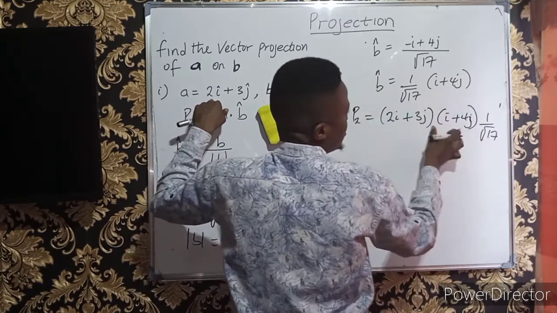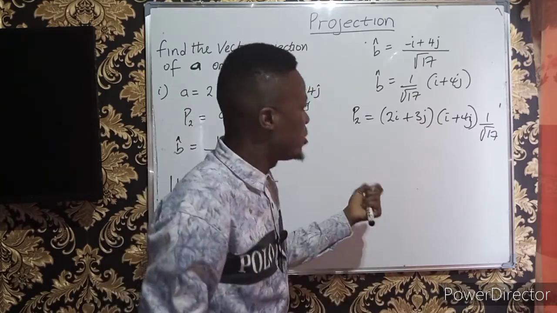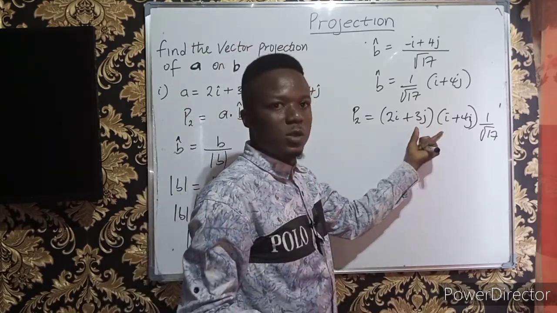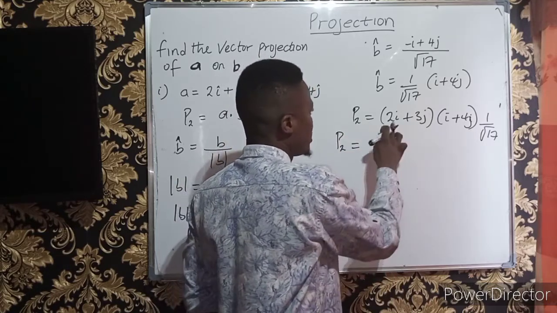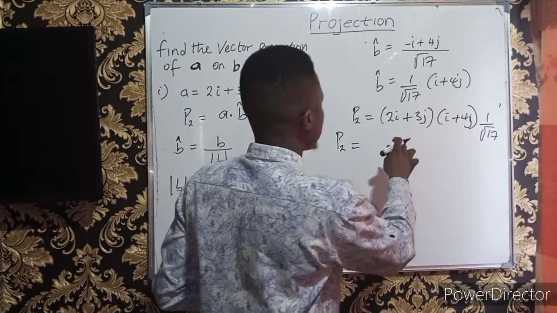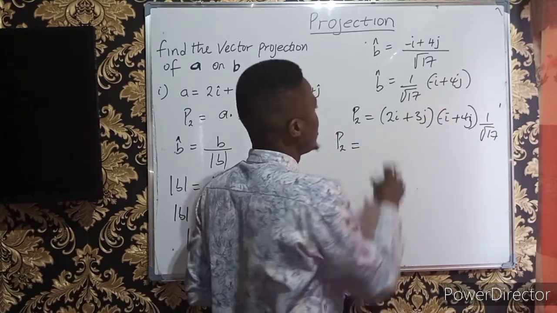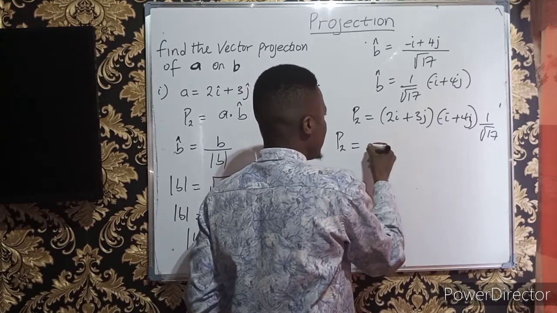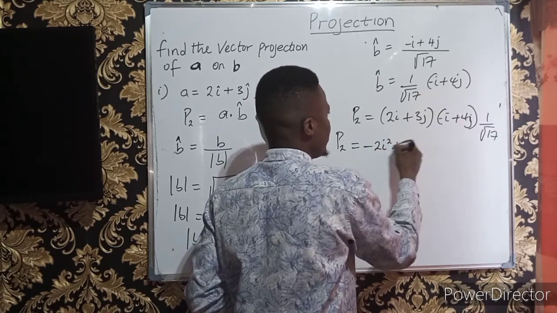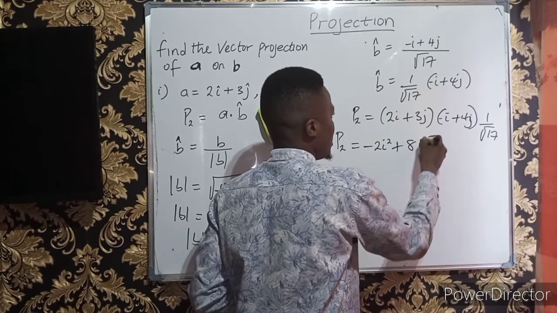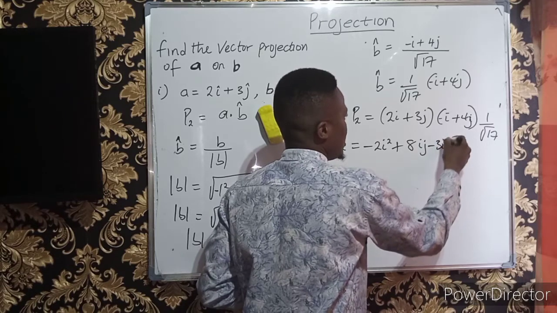I let this be outside so that these two vectors can easily be multiplied. Remember my videos on dot product where I taught you how to multiply vectors like this. Hence p2, I'll open the bracket, 2i times, remember this is negative, minus i will give us negative 2i squared. 2i times 4j will give us 8ij. 3j times negative i is minus 3ij.